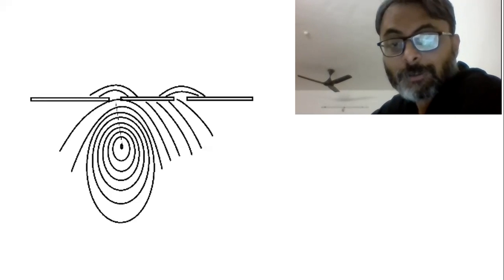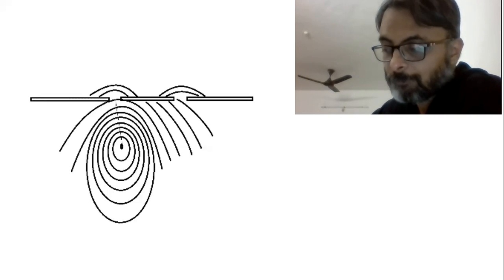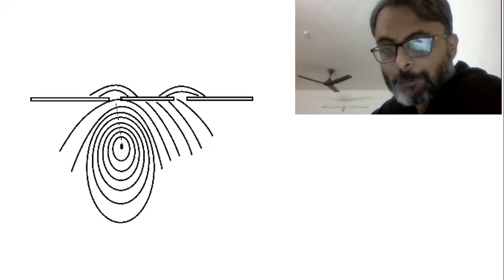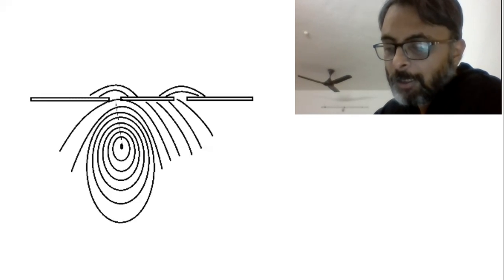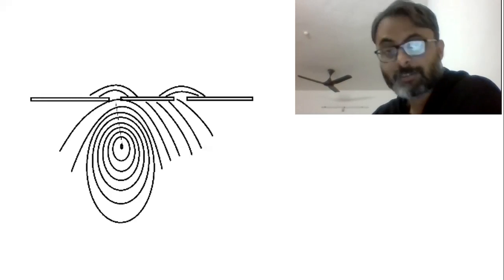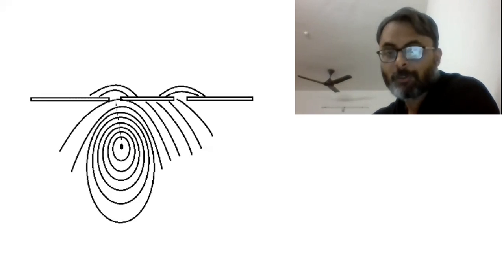That's what is meant by collapse of the wave function, because this wave function is the one which determines the probability of where the electron will be more.